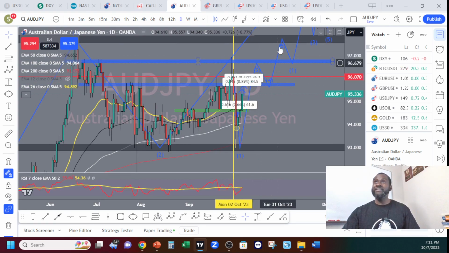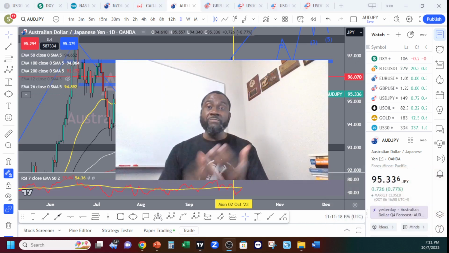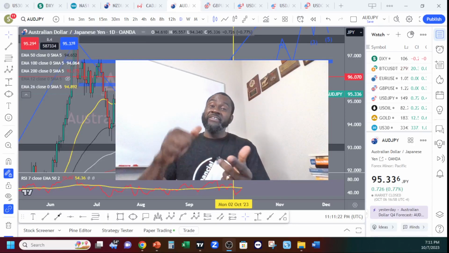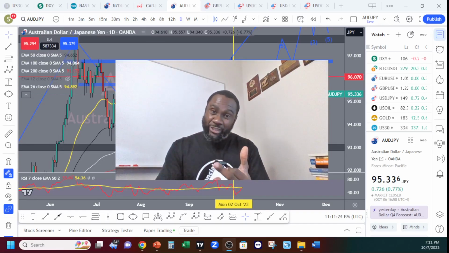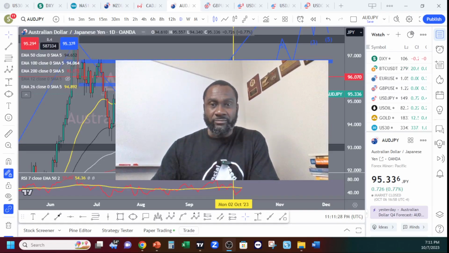It will test it, come back, and go up if it's going to continue to that level that's been tested so many times before around here. So this is the analysis for AUDJPY. Remember 5 things: the trend, the last candle, the levels, the entry, and the exit. This is what the analysis is all about.